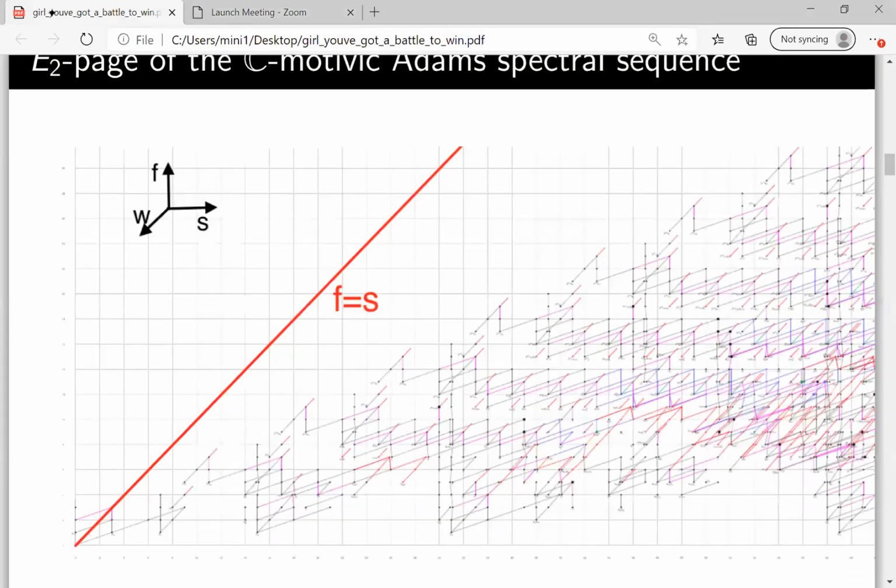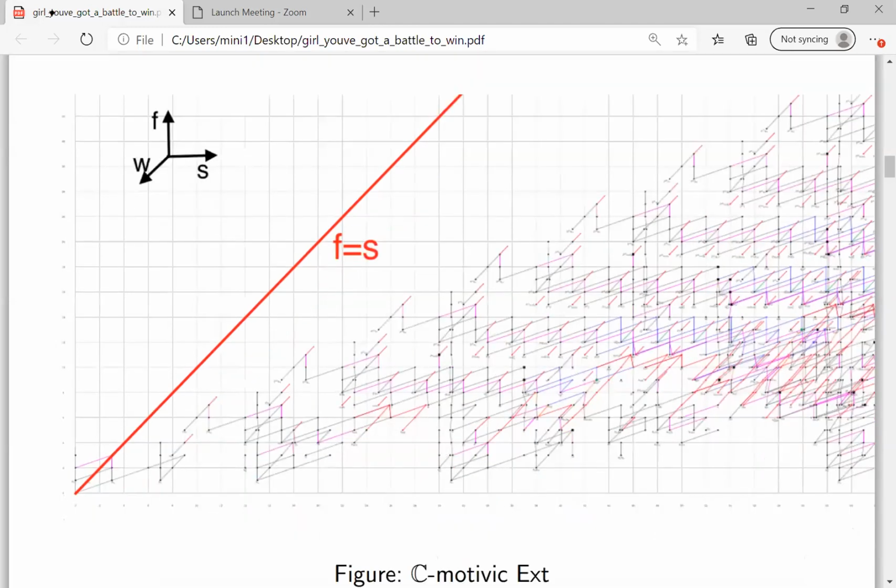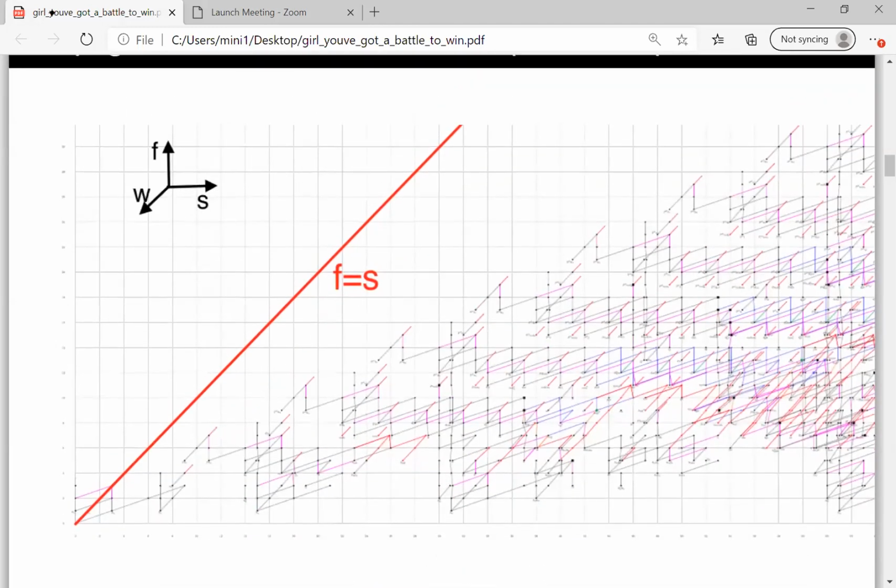Okay, great. So now you see the motivic Adams spectral sequence. It's three-dimensional, and the extra dimension we are adding is the motivic weight, and it's coming outside.